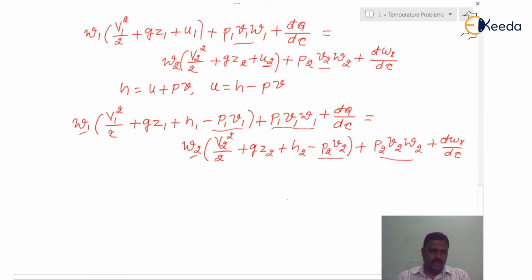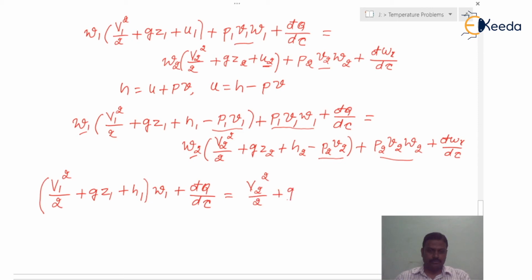Then the equation can be written in this way: V1 square by 2 plus Gz1 plus H1, into W1, plus dq divided by d tau, that is equal to V2 square by 2 plus Gz2 plus H2, into W2, plus dWx divided by d tau.